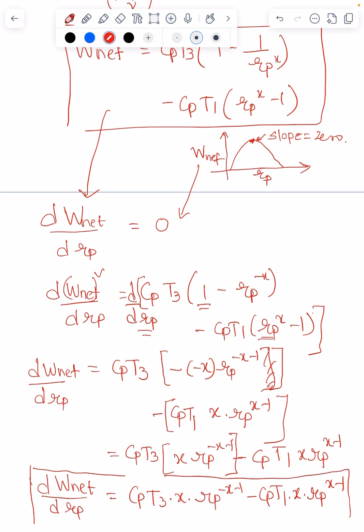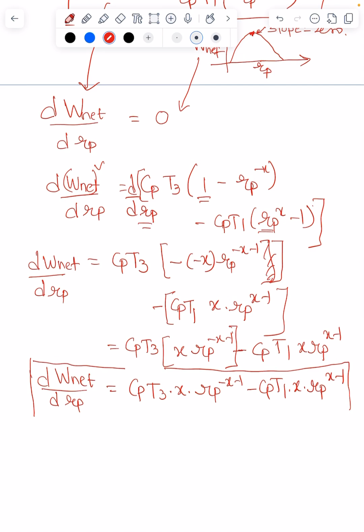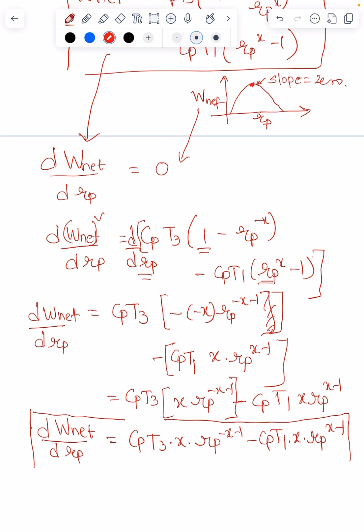Now the important part is that we need a maxima. And for a maxima, that is maximum work output, the slope is 0. So in this expression, I substitute this value as 0. Why do I put it as 0? Because I want maximum work output.